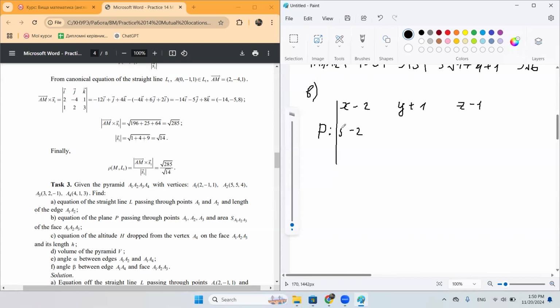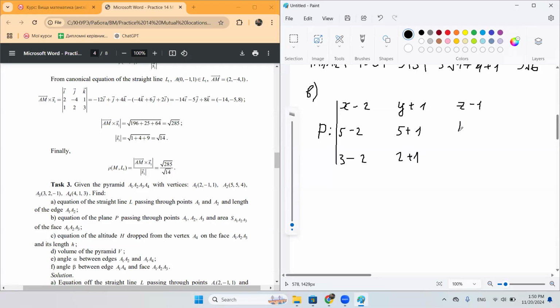So 5 minus 2. Then 3 minus 2. 5 plus 4. 5 plus 1, 2 plus 1.